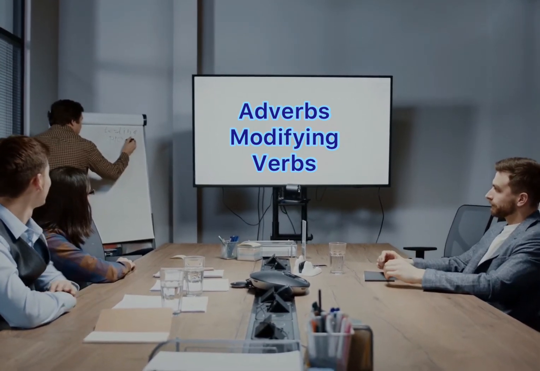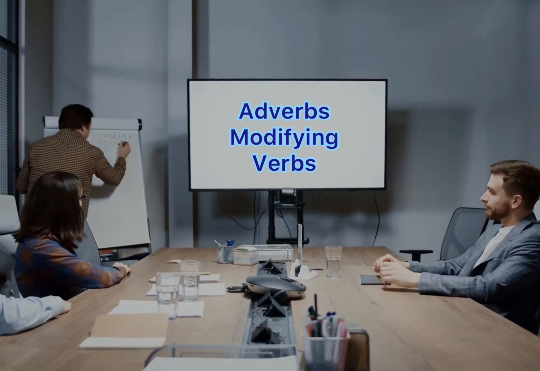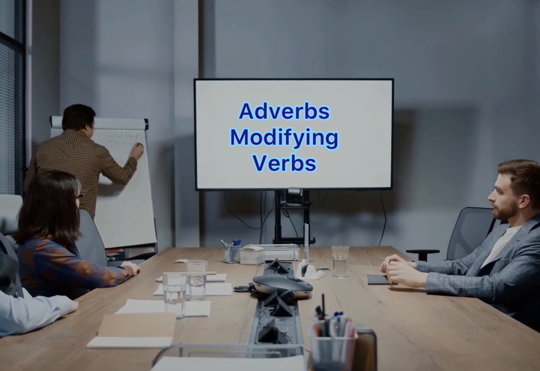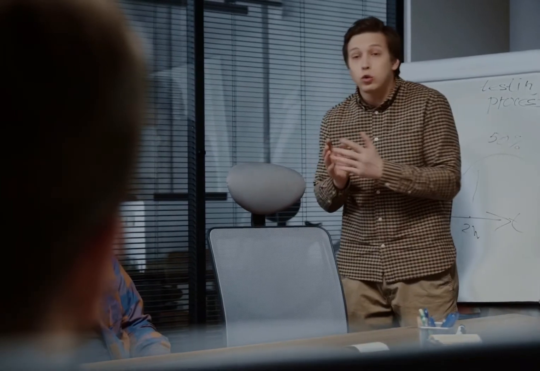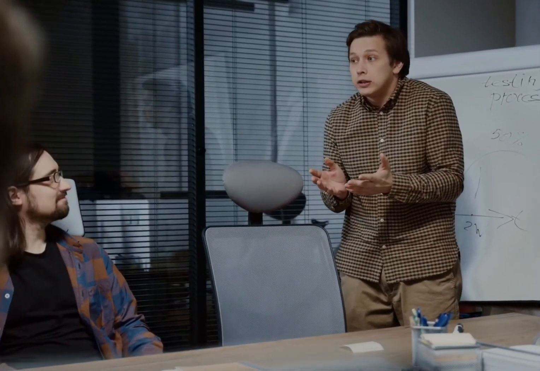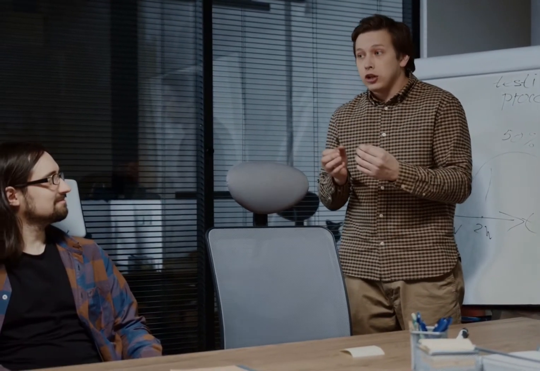So how can an adverb modify a verb? How is this even possible? It has, how can I say this, 5 ways of how it's possible. Because when an adverb modifies a verb, it usually tells us how, when, where, why, how often, or how much, right?